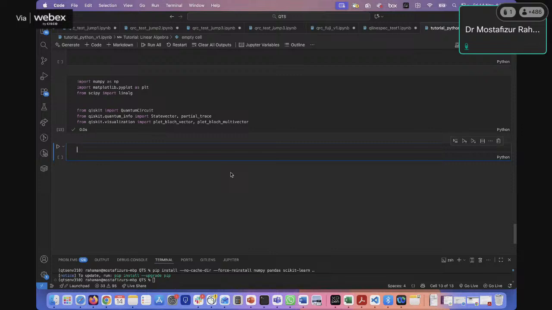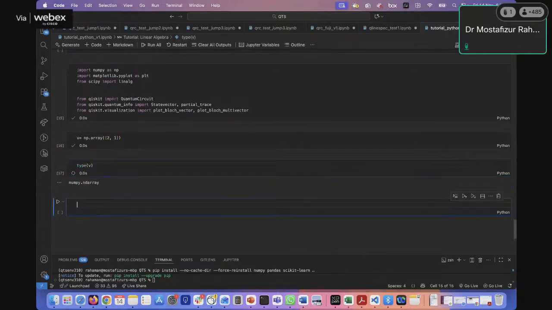Now, let's visualize a vector v equals np dot array. An array, basically a one-dimensional array, means a vector. So I take 2 cross 1 as a vector. This is my vector. And if you check v, it's an ndarray, a NumPy array.